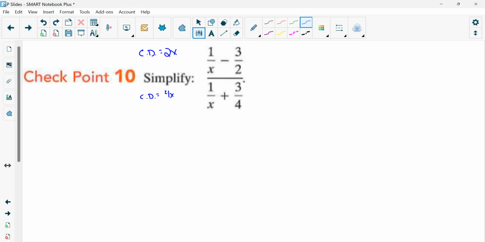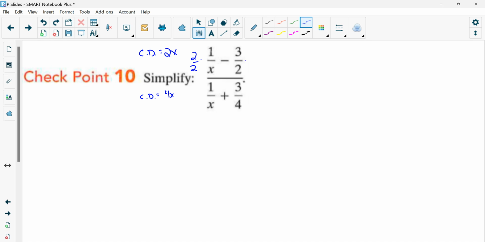All right. With that being said, what is our first fraction missing in the numerator? 2. So multiplying top and bottom by 2 over 2. In our second fraction in the numerator, what's that fraction missing? An x.